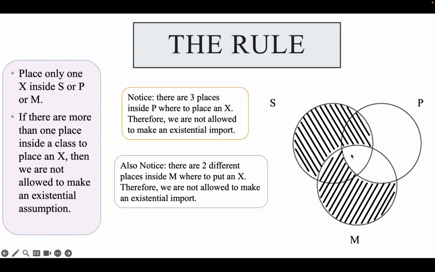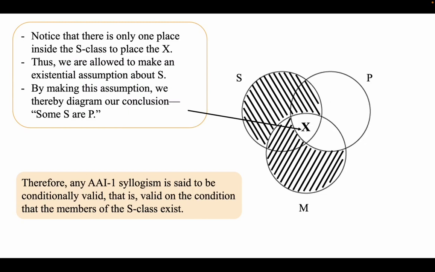That's the only place left, the only space that belongs to S. Consequently, I can make an existential assumption for S. But now the question is going to be, by making this existential assumption, is the syllogism now a valid syllogism? Well, let's see.